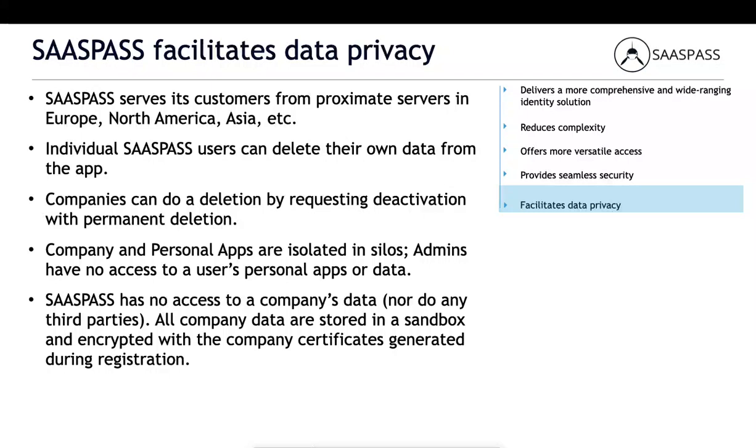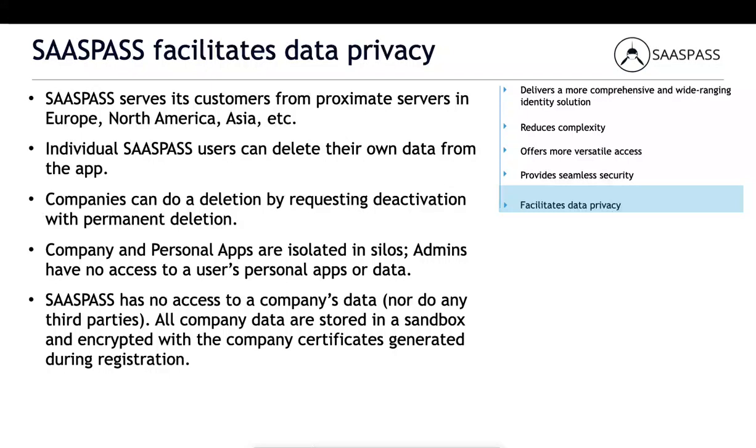But if it's personal data, then the end users will be able to delete it from the mobile application. If the data in SAASPASS is about the company, then the admins could delete it totally and dispose of it.